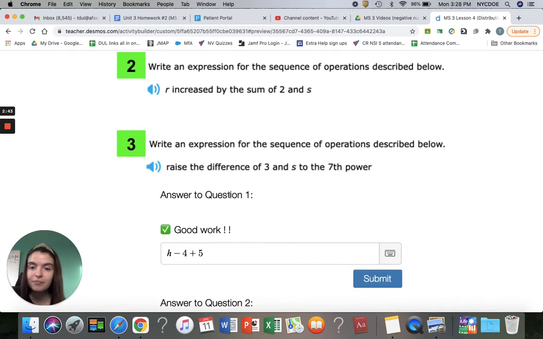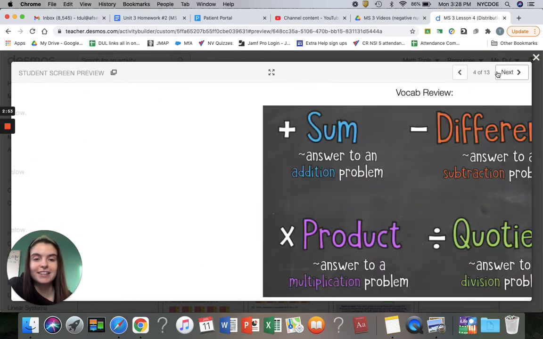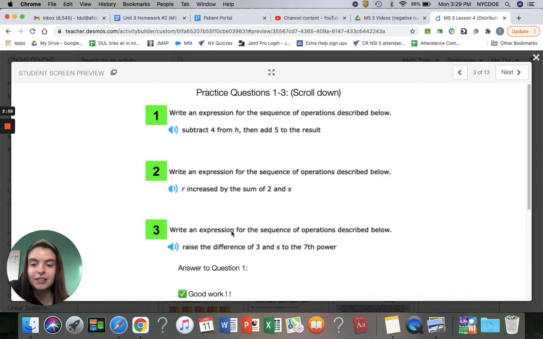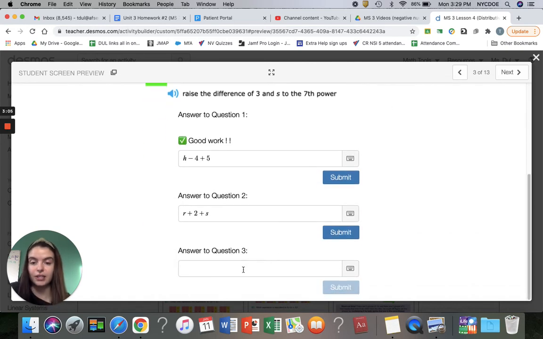Example 3, what if we had: raise the difference of 3 and s to the 7th power? So what does the word difference mean? Difference is the answer to a subtraction problem. So we need the difference of 3 and s, so we're going to subtract s from 3. And then we need to raise that to the 7th power.